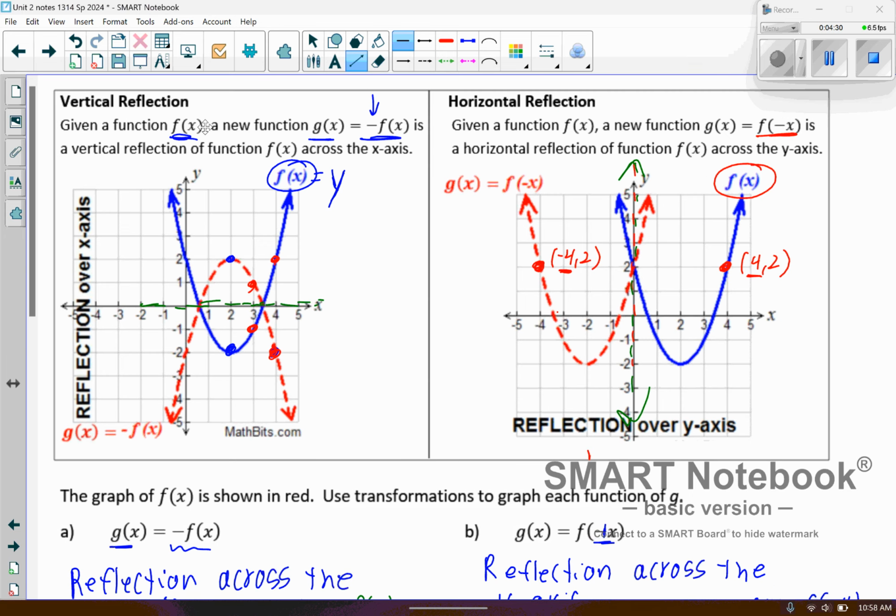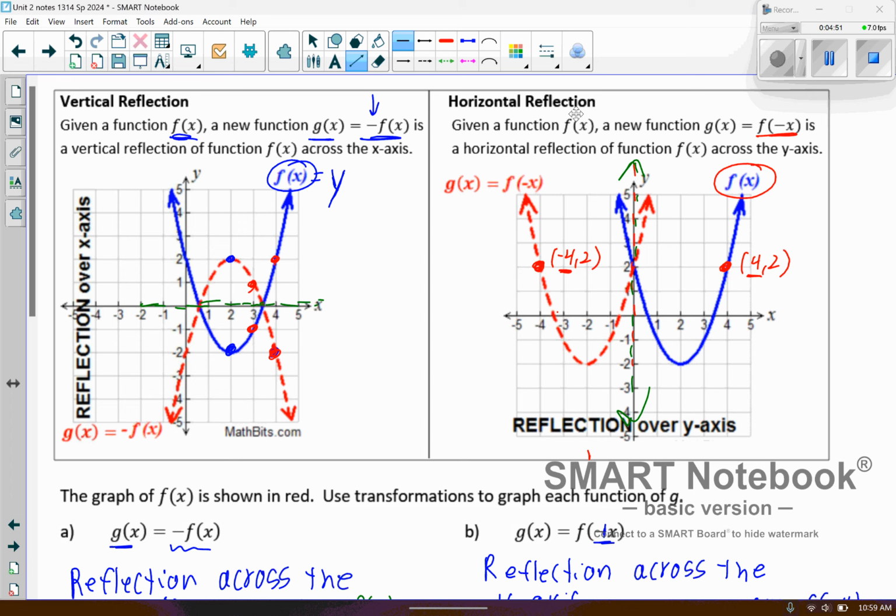Then we had reflections. So if you have a -1 being multiplied by the f of x right here, that's basically your y values. They're all going to flip across the x-axis because the y values go from being positive to negative or vice versa, from negative up to positive. So they reflect right there.